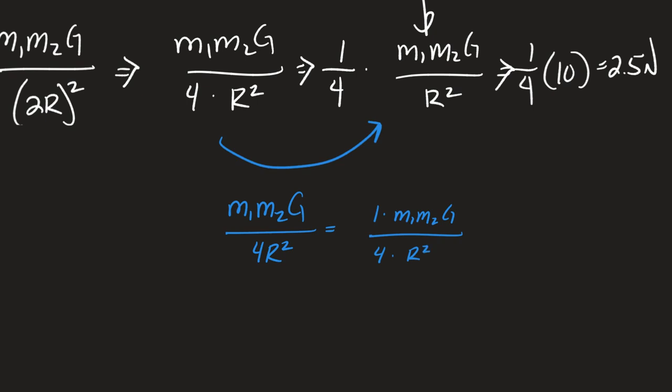Correct? So I could then write this as the product of 2 fractions. If M1, M2G, then those would all be squared if I multiply them together. Does that make sense?